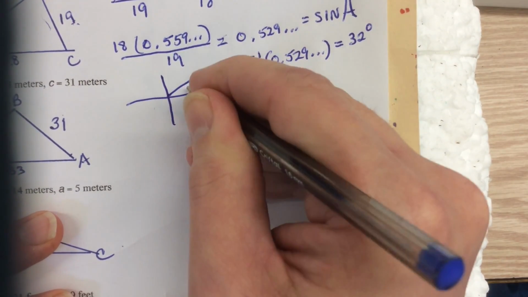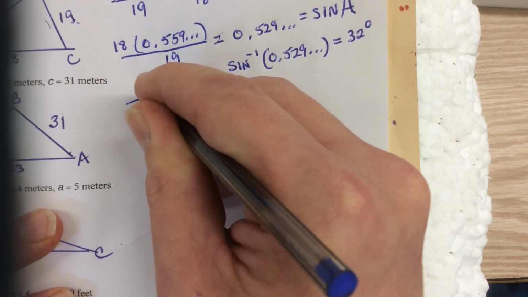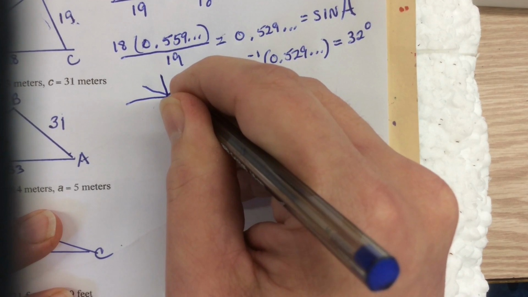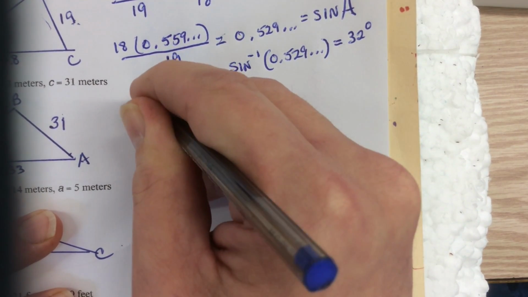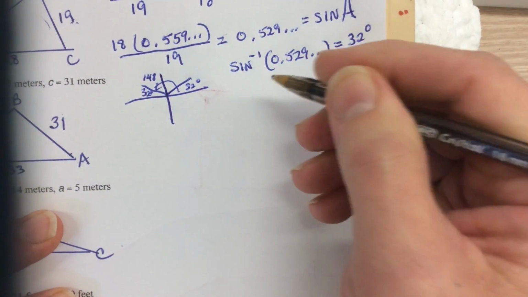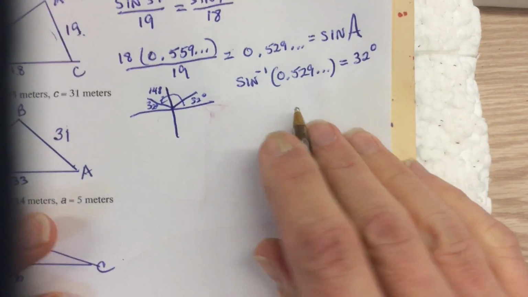and if we look carefully, if this is the sine of 32 degrees, then there's an angle over here where this is 148 degrees and this is 32 degrees that will have the same sine. So let's take a quick look here.